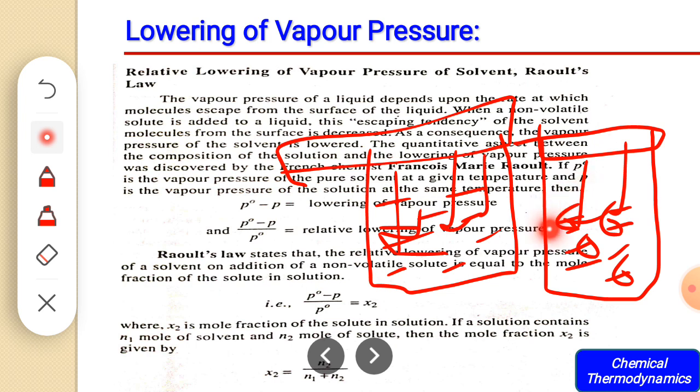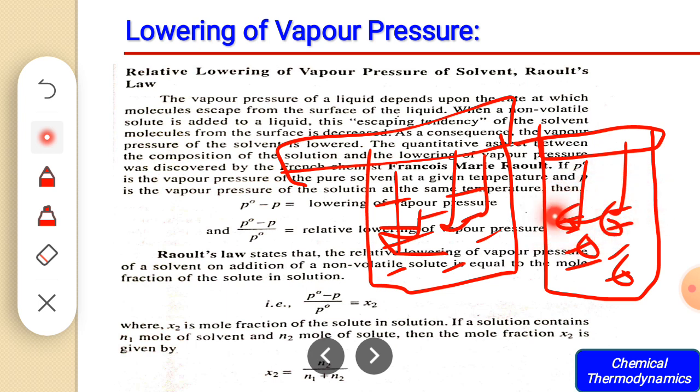But in the solution, two types of molecules are present at the surface: one is the solvent molecule, another one is the solute particles. Some of the space at the surface is occupied by such solute particles, which are non-volatile in nature. So, compared with the pure solvent, fewer solvent molecules are present at the surface.